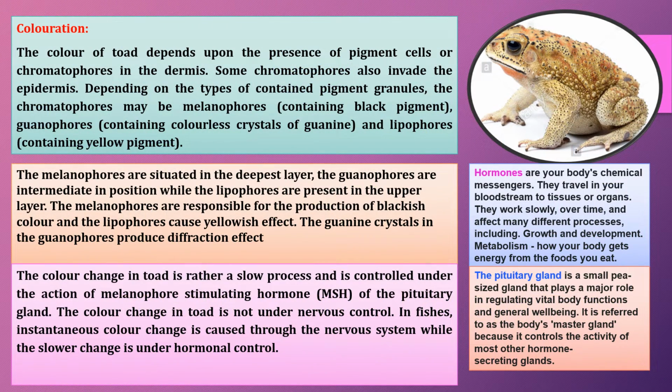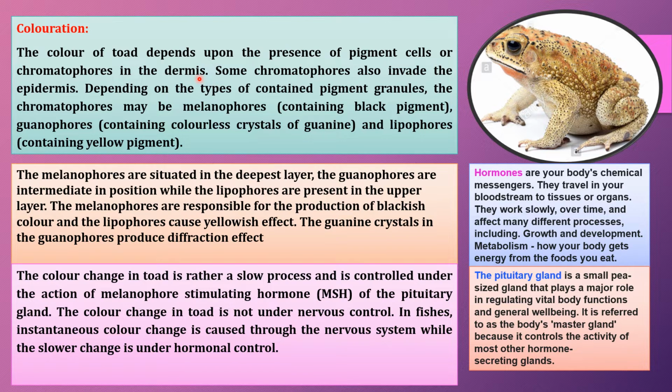So, today's class, we are starting with coloration. The color of toad, that means color of toad body. Actually, the coloration, the color of toad depends upon the presence of pigment cells or chromatophores in the dermis.